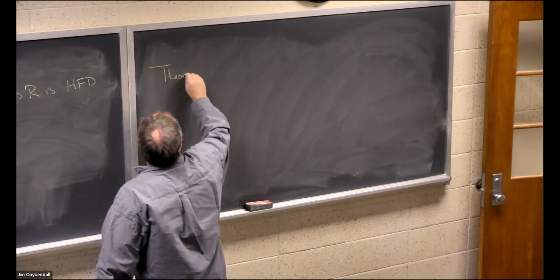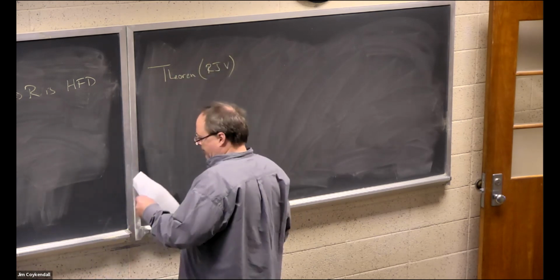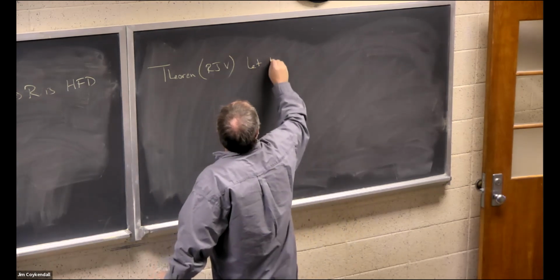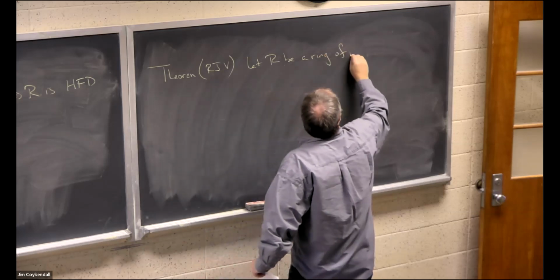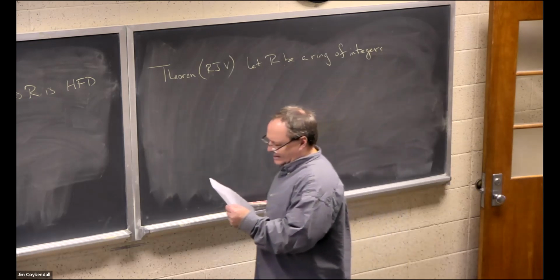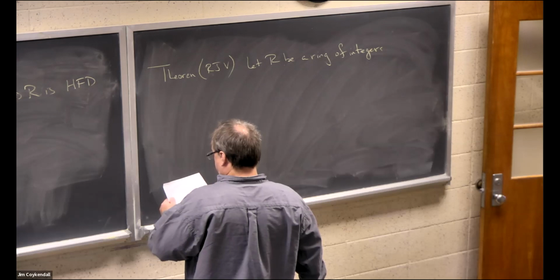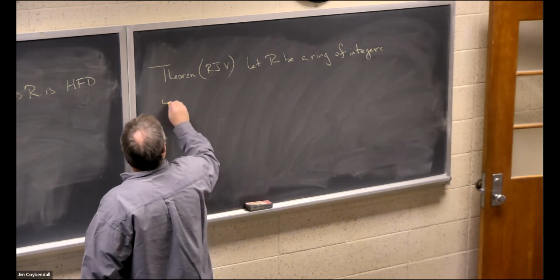Valenza. But R is a ring of integers, with class group G.